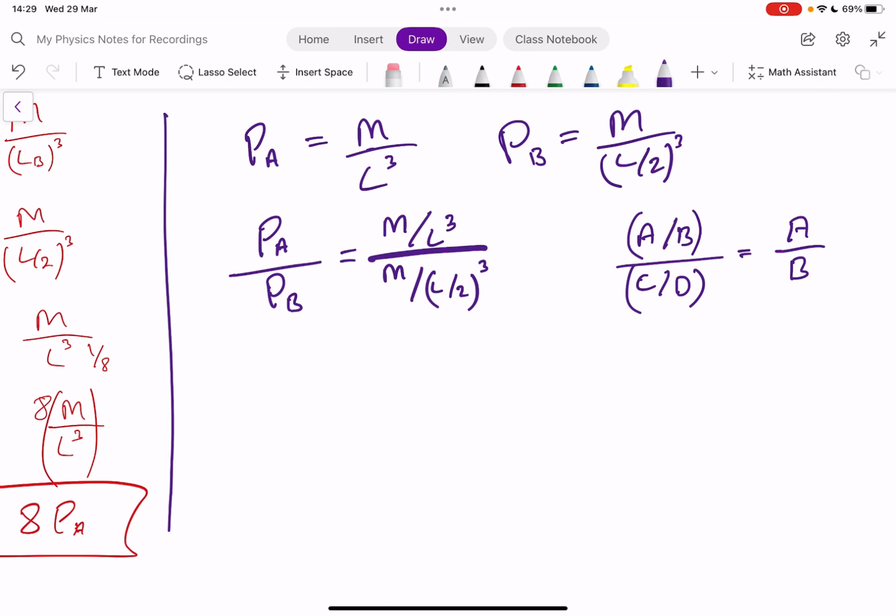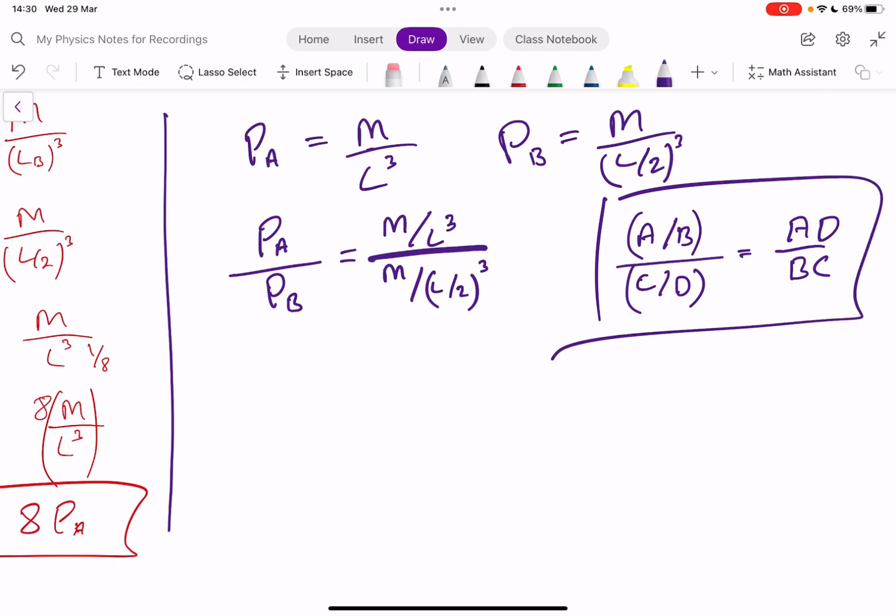The C over D, the C is already on the bottom, but what we've got is something on the bottom of a fraction that's then 1 over. So this D here is a kind of double reciprocal. If you do 1 over something, you just get the something. 1 over 1 over 2 is 2. So this is 1 over 1 over D, so the D ends up back on top. You need to make sure that you are happy with that before you play around with ratios too much.